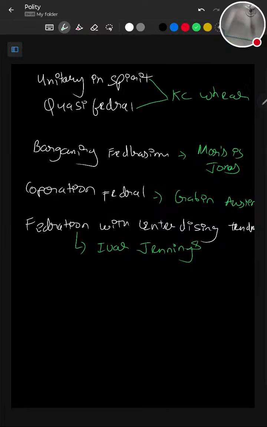So tendency would only happen when you are doing something like straightening an iron. So Jennings is there.